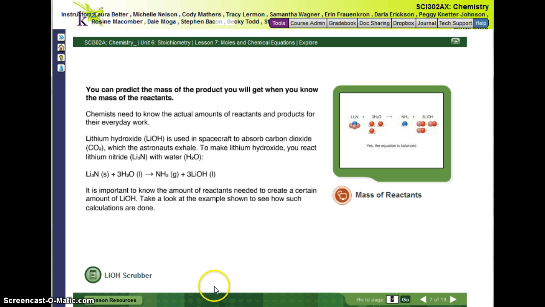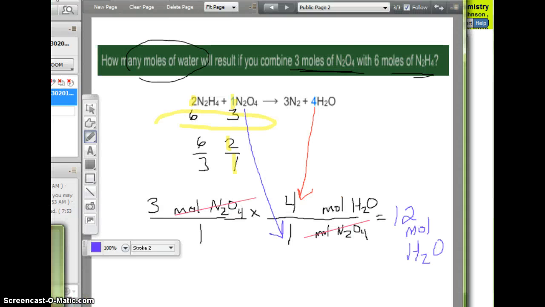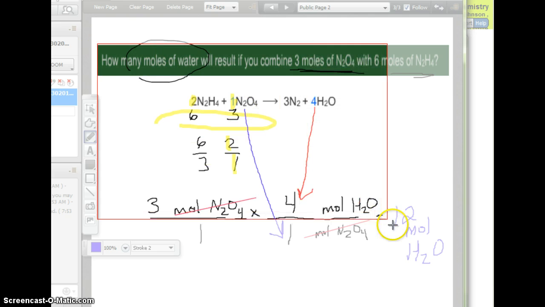All right. You can also predict the mass of product you will get when you know the mass of the reactants. So I am going to put these two things in our notes, so let's go ahead and add those in now. The first thing I'm going to take is everything that we did on the whiteboard.